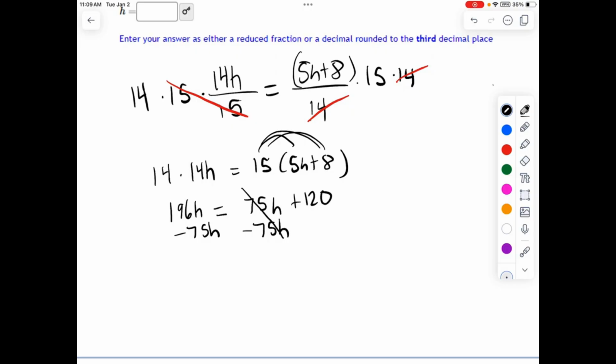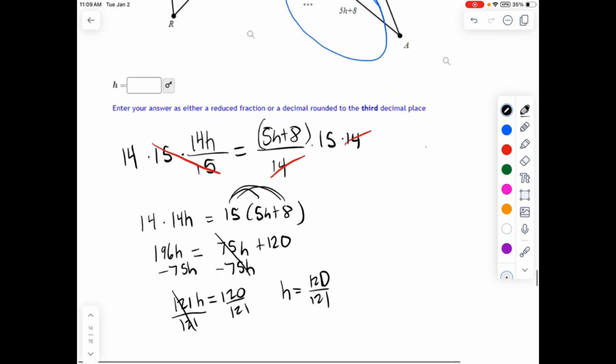Alright, so we have 196 subtract 75, and when we do that, we end up with 121h equals 120. So divide by 121, and you're left with h equals 120 over 121. And that's as simplified as it gets, so that is your answer.